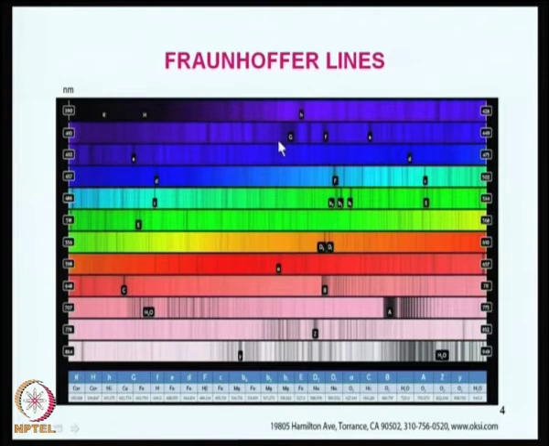One is blue, and then it is green, and then it is orange, red, etc. And here you can see potassium, hydrogen, and then calcium, cobalt, and then iron lines, hydrogen, then magnesium, then sodium and oxygen and water vapor. All these molecules and elements are there in the solar spectrum.